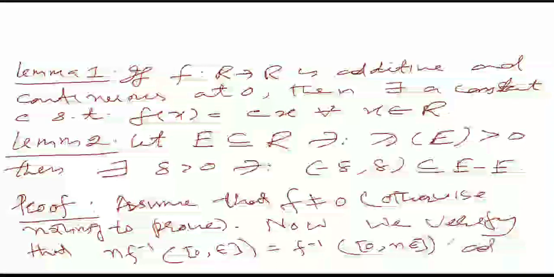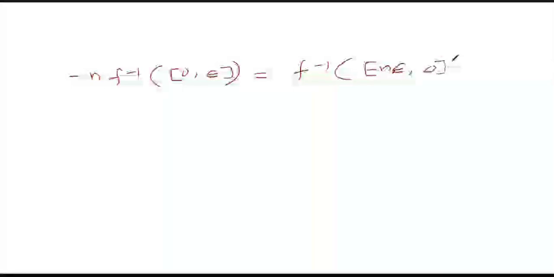And we also verify that minus n times f inverse of 0 to epsilon, sorry, it's 0 to epsilon, not epsilon to 0, is equal to f inverse of minus n epsilon to 0.